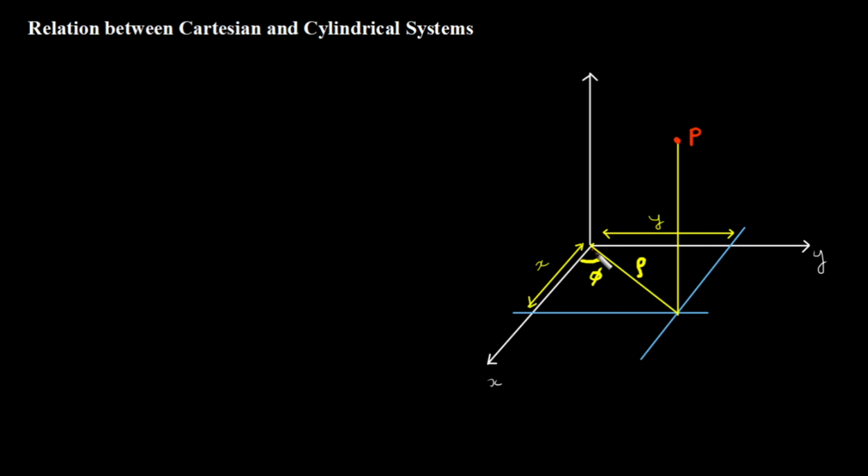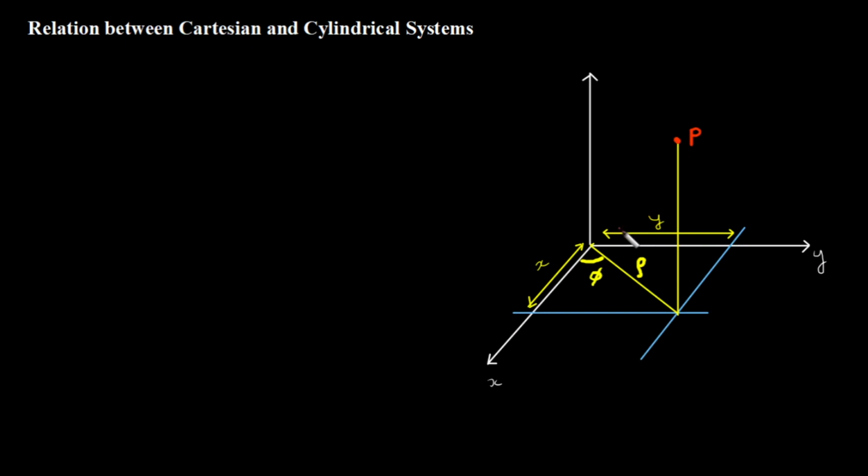Now, see here I am going to consider this triangle. So, the basic idea is you will be given values of rho and phi and you will be asked to find what is x and what is y. That is basically the meaning of finding the relation.